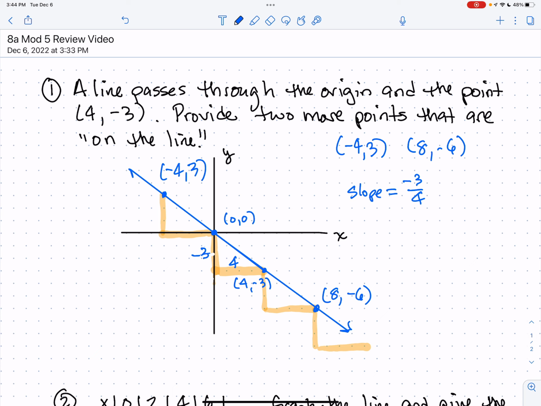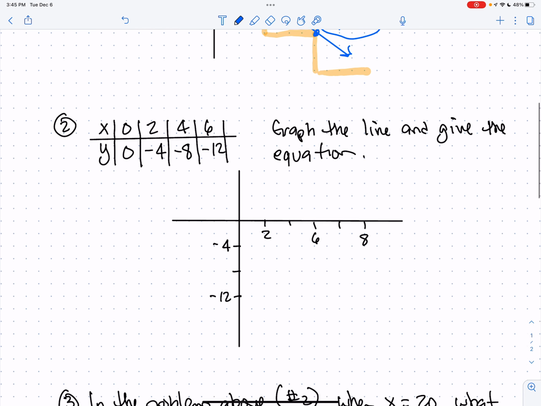So I could have looked at these coordinates and said, okay, from 4, -3, I go down 3, so that's -6. -3 minus 3 is -6. And plus 4 over 4, 4 plus 4 is 8, and I arrive at that set of coordinates. So you can use the slope to do that, or you can use the graphics of just drawing the steps there. Okay, so that's one kind of problem you'll have to do on the quiz.